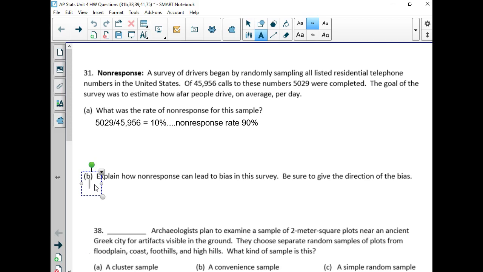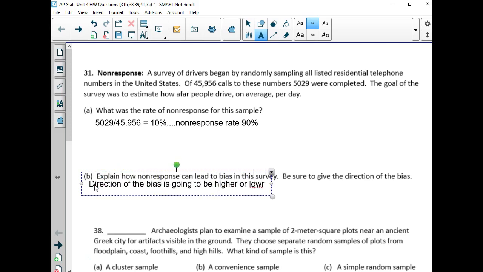Okay, so 5,029. Now it doesn't say, we can't tell the direction of the bias here, right? It says a survey of drivers began by randomly sampling all listed residential telephone numbers of the United States. Of 45,956 calls, 5,029 were completed. It doesn't say how far they went, so we would just say the direction of the bias is going to be higher or lower than the population truth.